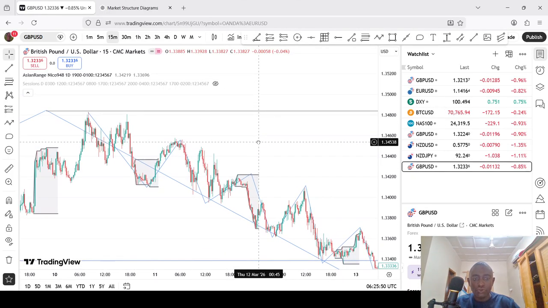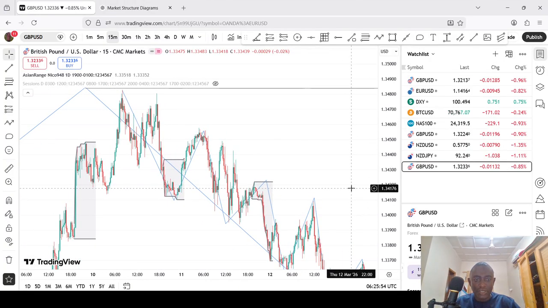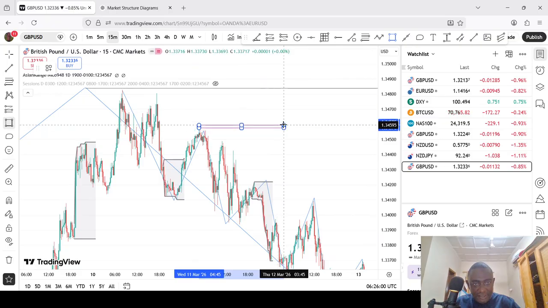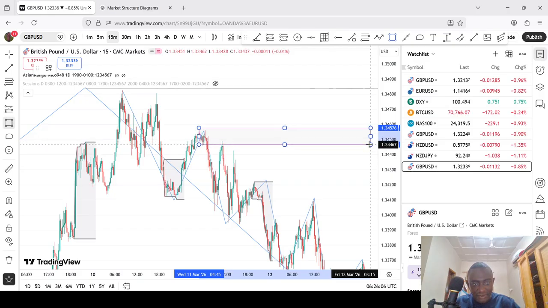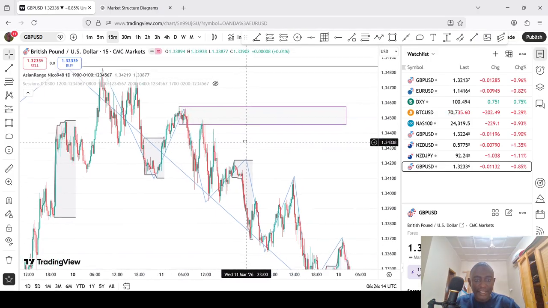So for these supply zones, once you zoom in like this, you just mark the area, from the highest point maybe to the last green candle. With time, you get to know how it's drawn. Here, because this one was a swing point, a strong zone, this is our supply.